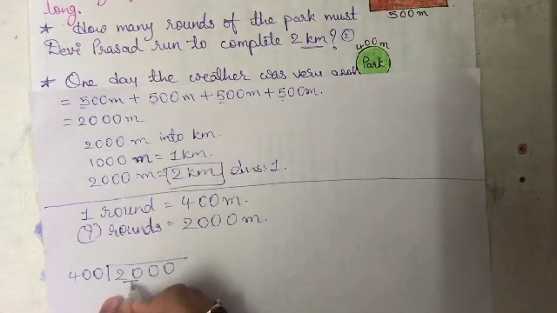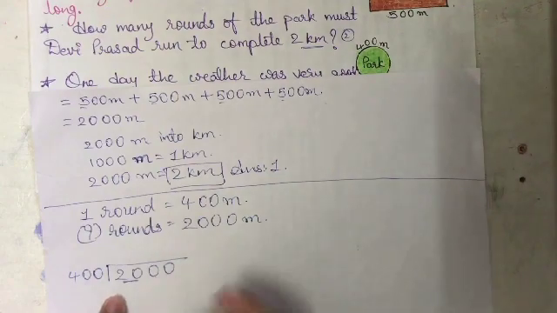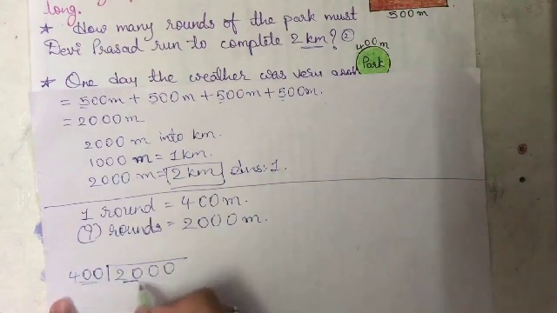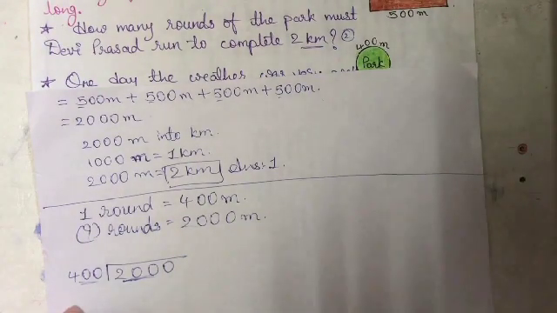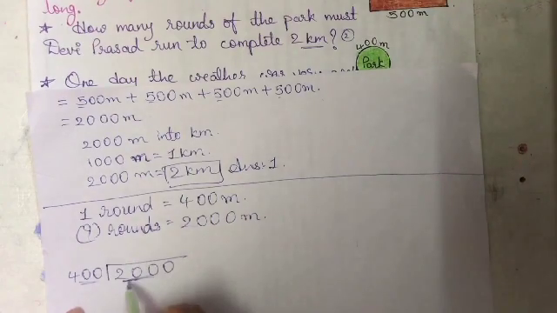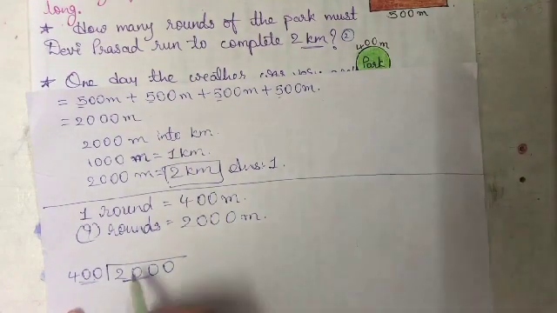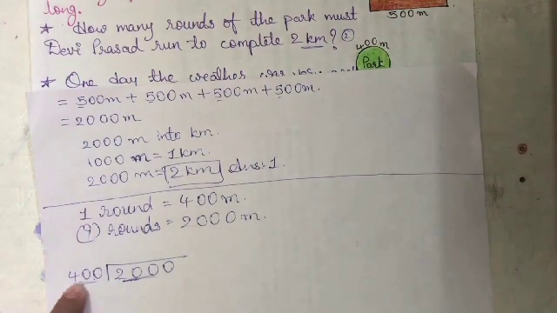So we will take 2 digits here. Not possible. Why? Because it is given here 3 digits. So let's take these 3 digits. Is it possible to divide? No. 200 is smaller than 400. So we have to take 2000 together.